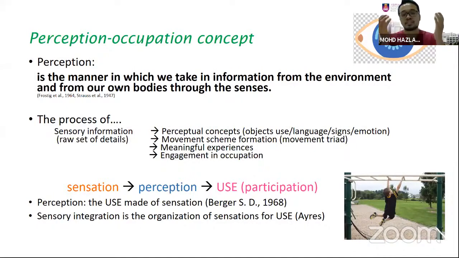In general, perception is the manner in which we take in information from the environment, from the environment and from our own bodies. But when we talk about vision, it is mostly from the environment. The eye is a far sense receptor. Perception is a process of receiving raw sets of details from the environment.